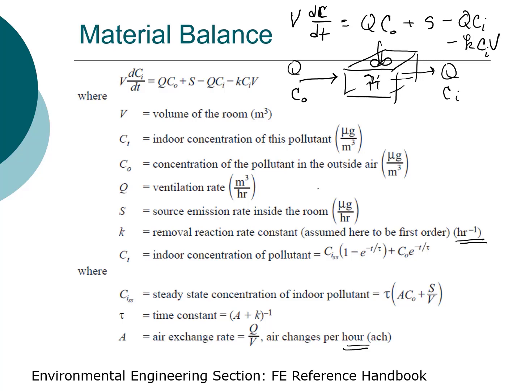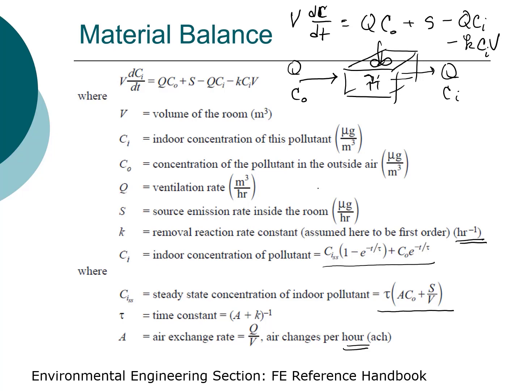And then the steady state concentration, note, is written in terms of tau, the air exchange rate, your concentration entering the system, plus the source term divided by volume. It's identical to what we've done in our classes. It's just a slightly different formulation. Same thing here, slightly different formulation from what we have done in class.